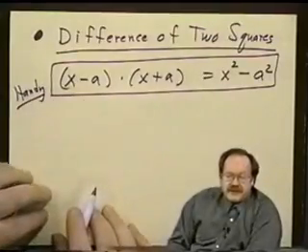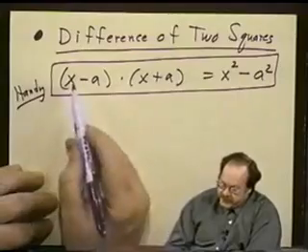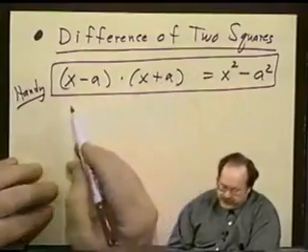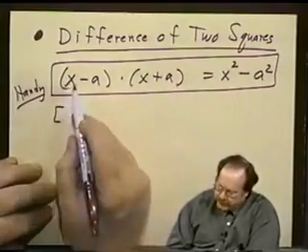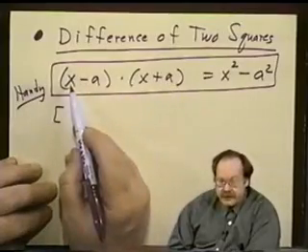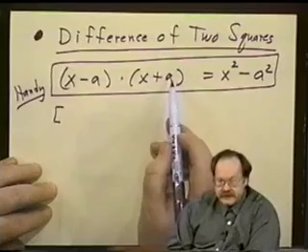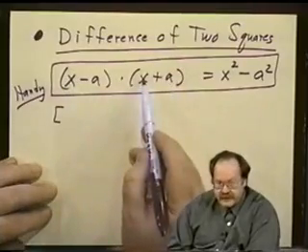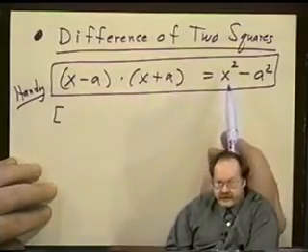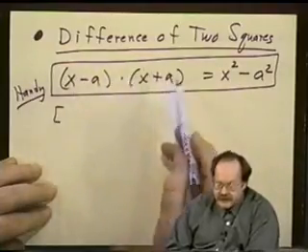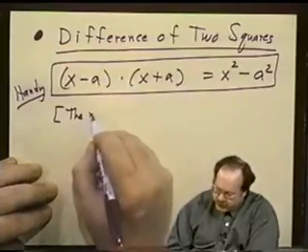Now, first of all, to see that it's true is not hard, because you can imagine the distribution going on here. In fact, when we multiply this together using the same pattern we've had before, we take x first and multiply it by both of the terms in the second binomial. So x times x is x squared. That's the x squared over here. And then x times a, well, that's going to be one of the middle terms.